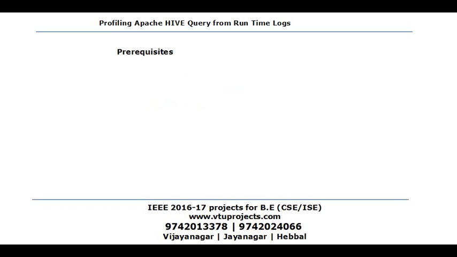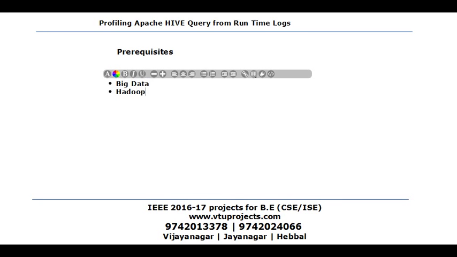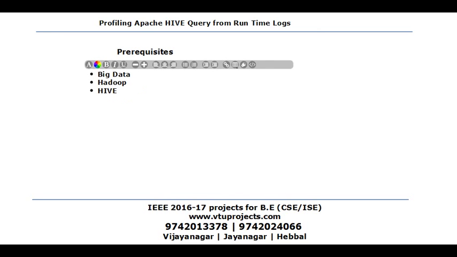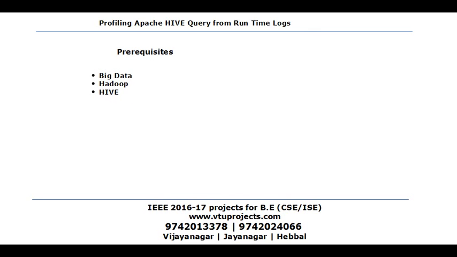Before you understand this project in detail, you need some basic idea about three things: number 1, big data; number 2, Hadoop; and number 3, Hive. You should have very basic details about these three things in mind before you understand our project.